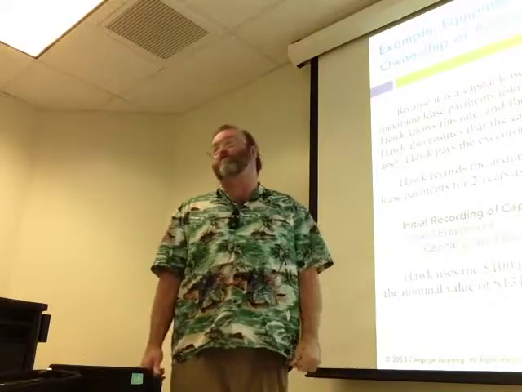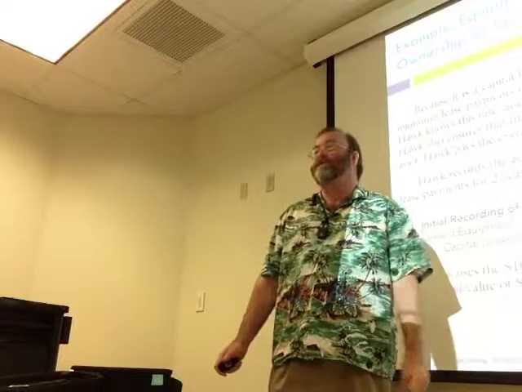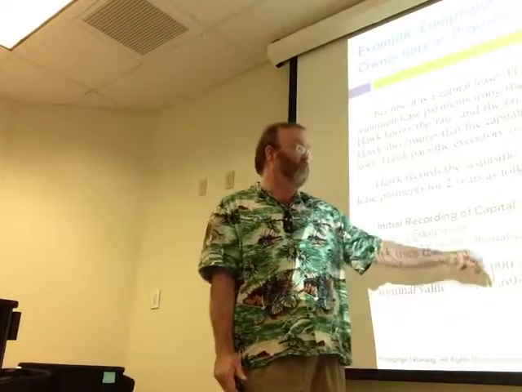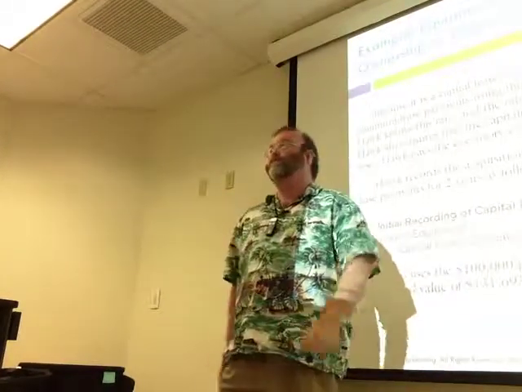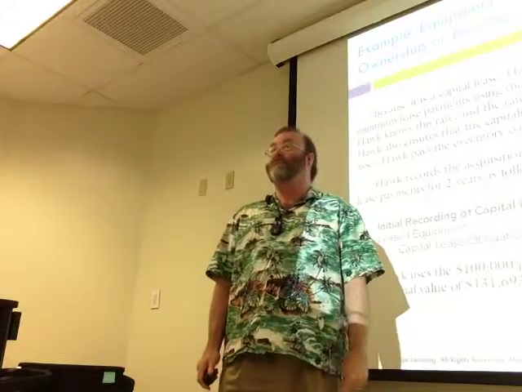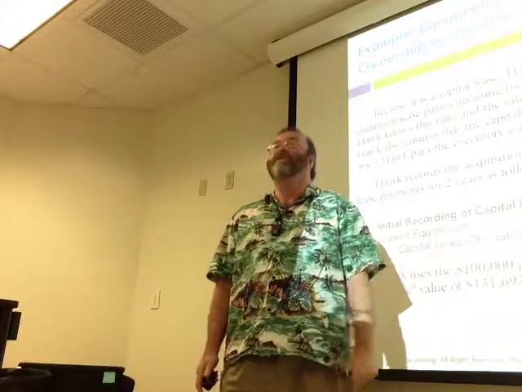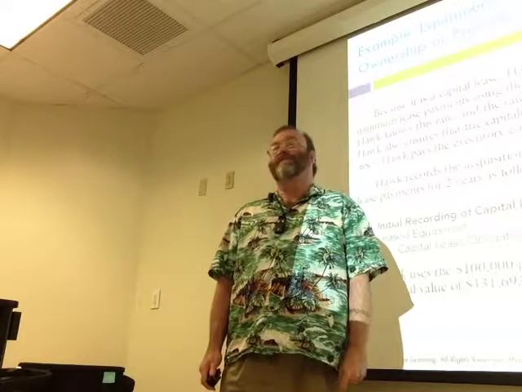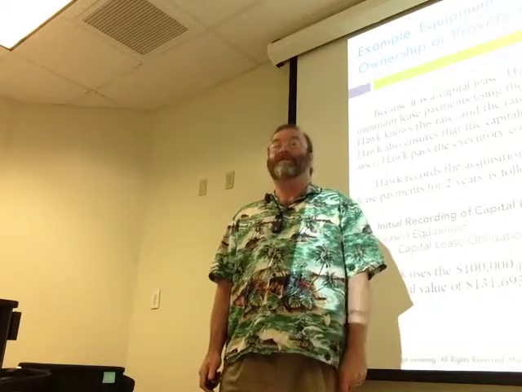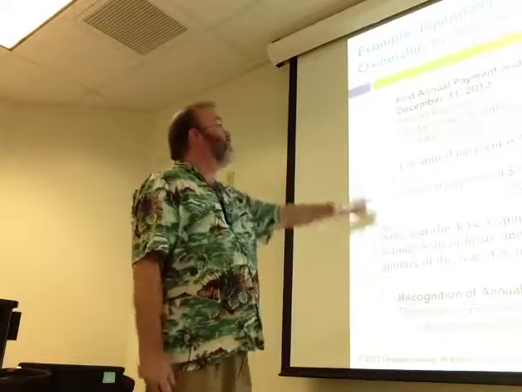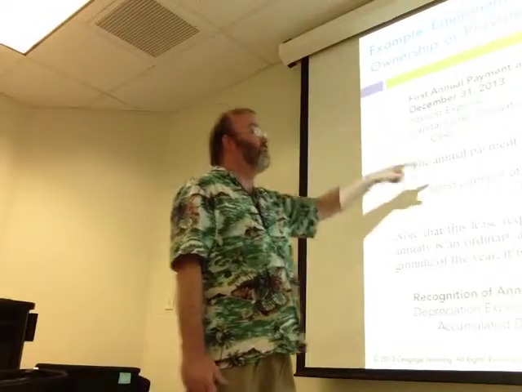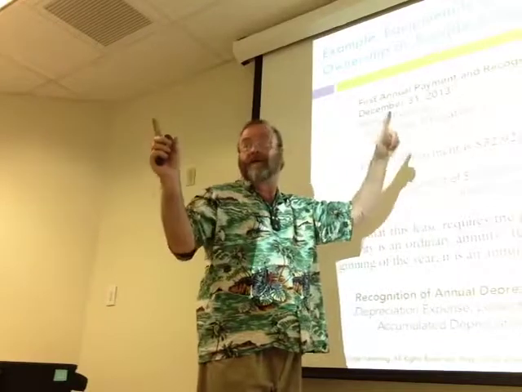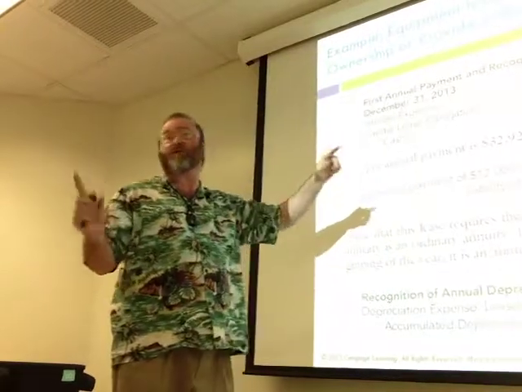Then what do you have to do? You'll recognize this in a second. What do you have to do with this lease obligation? Because that's the present value of the lease payments. You have to accrue interest. So interest expense is going to be at the first payment that you make at the end of the first year.